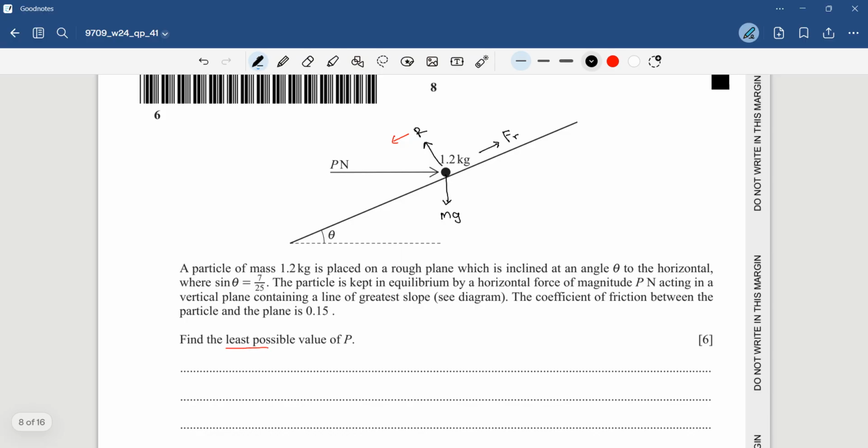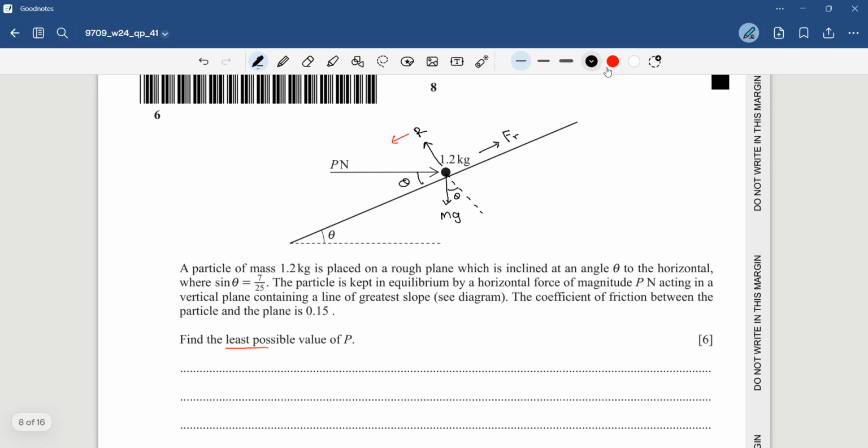For this case, usually I will use x and y Cartesian axes along the slope. So here this will be my x axis and this will be my y axis. Okay, so theta, theta.